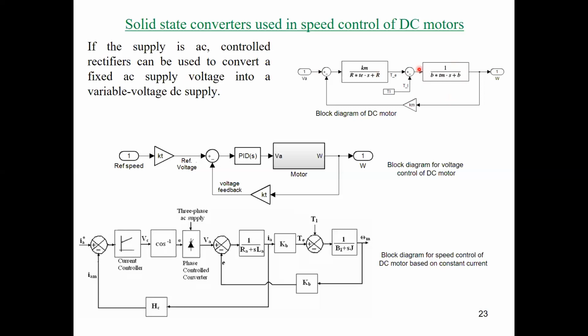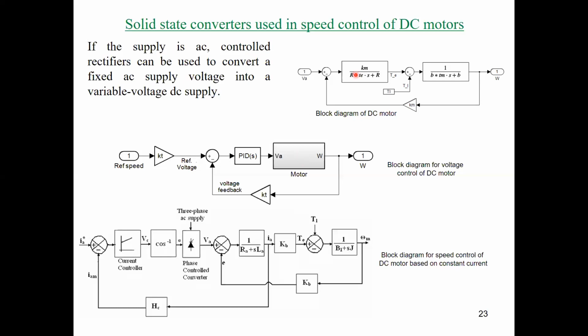Combining both of them together presents the mathematical model of the DC motor. So we can assume this is a block for the motor, and we can replace all of this mathematical block by only one block, which is the motor. And we need to control the machine speed.